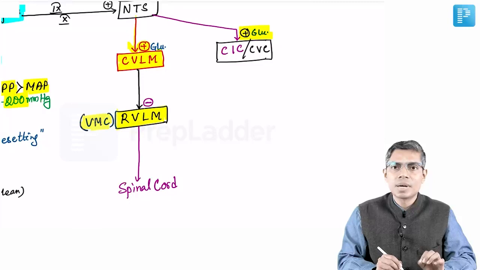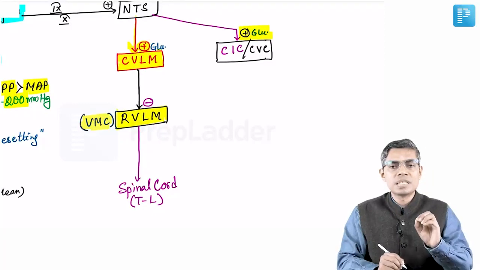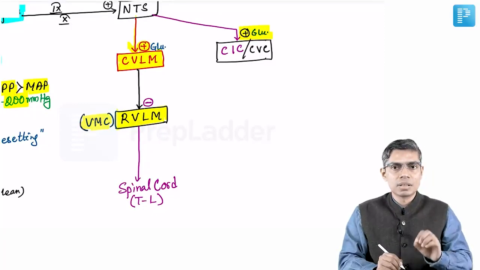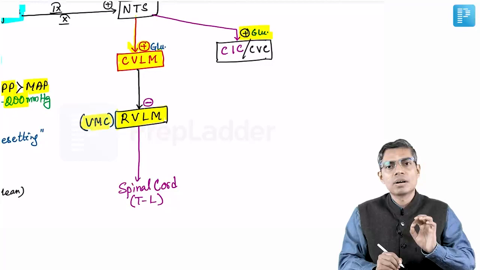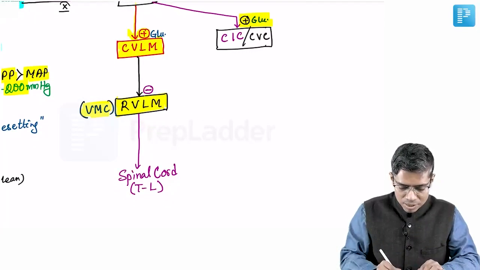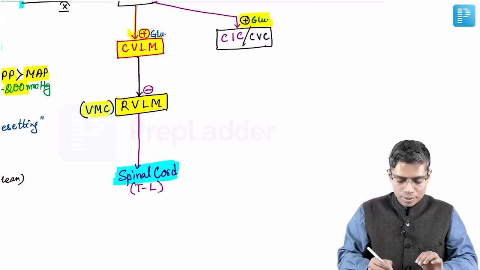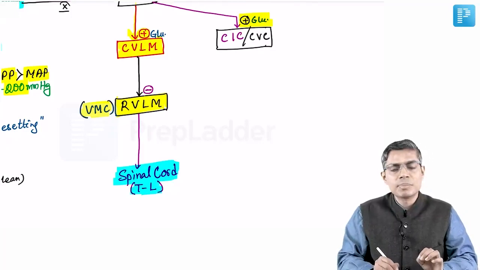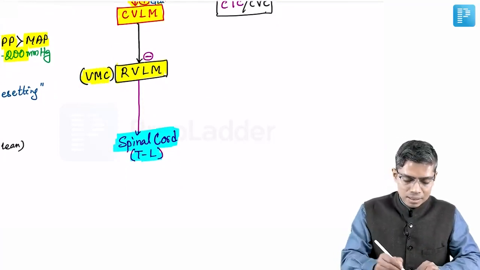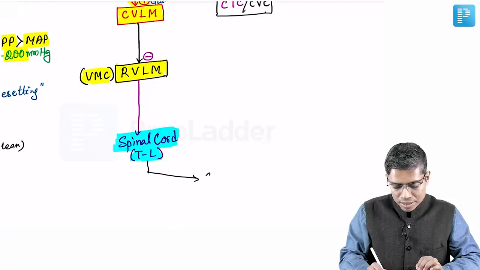Which segment of the spinal cord? The thoracolumbar region, and specifically the intermediolateral gray column. We all know that this area of the spinal cord gives rise to the sympathetic system.